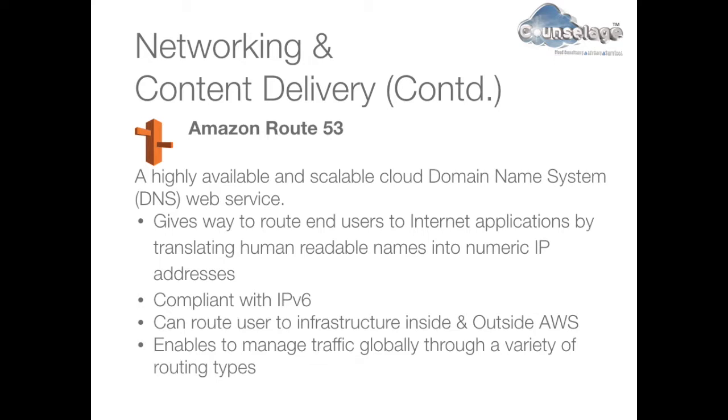Now, Amazon Route 53 traffic flow makes it easy for you to manage traffic globally through a variety of routing types, including latency-based routing, geo DNS, and weighted round robin, all of which can be combined with DNS failover in order to enable a variety of low latency and fault tolerant architectures.